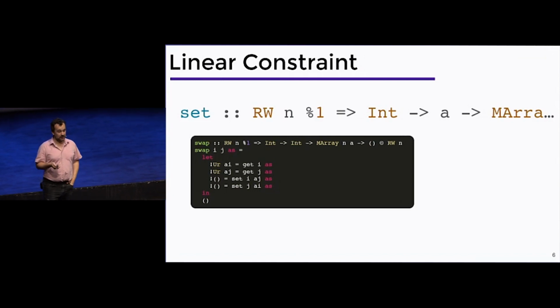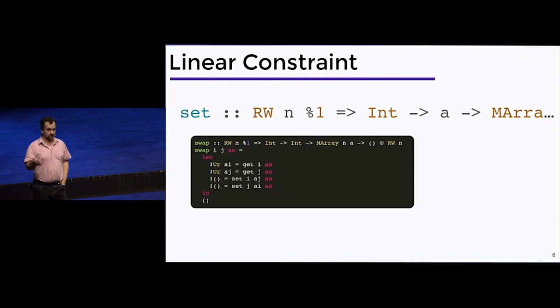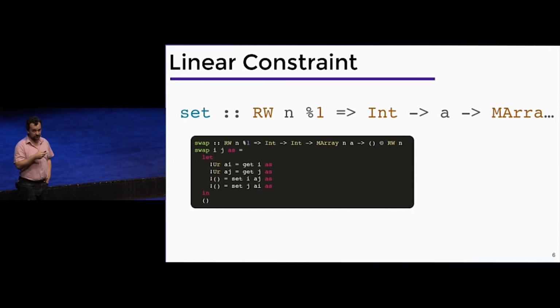Then I can write code with some linear constraints in it, let GHC infer what I need, and the meaning of this is just given by the linear arrow. So you don't really need to add any real power to GHC, except to tell GHC, oh, you can infer that. Yeah?